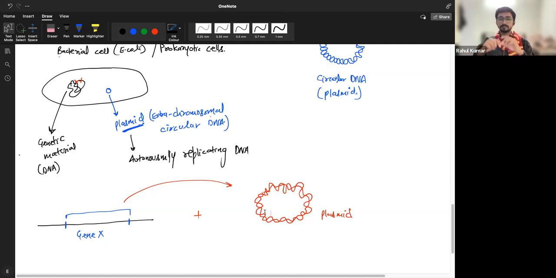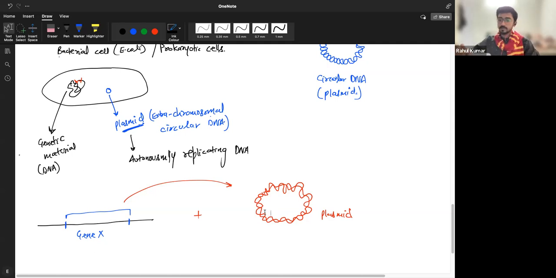We open the plasmid. I don't know if you can see my fingers. Can you see this shape I have made from my fingers? Yes, sir. Let's say this is the plasmid, and this pen is the additional gene that I want to clone. I think I should take something smaller, which I can hold.